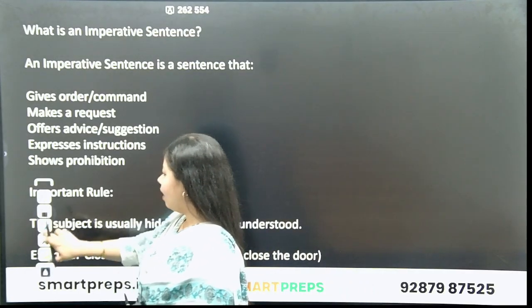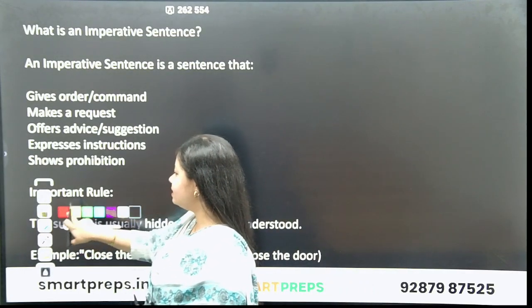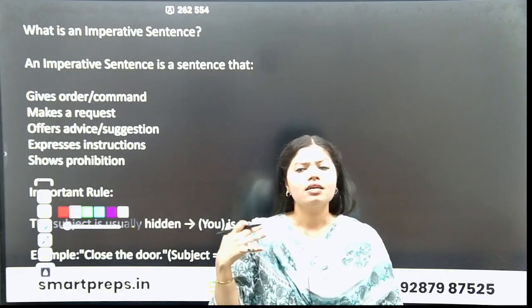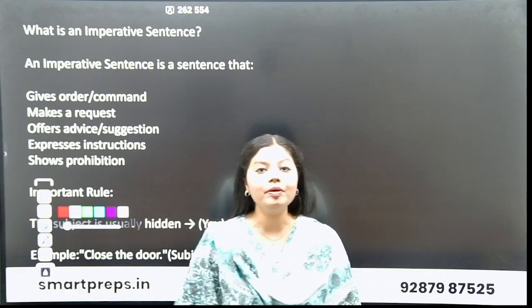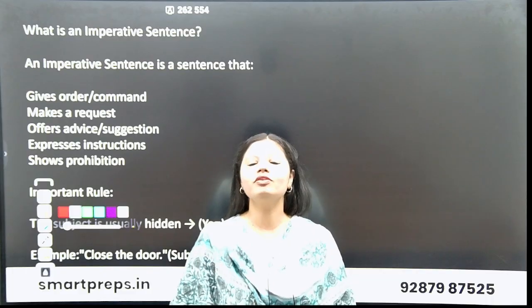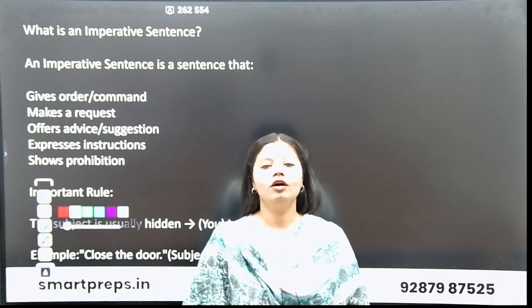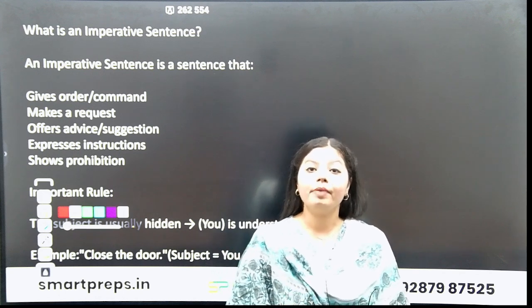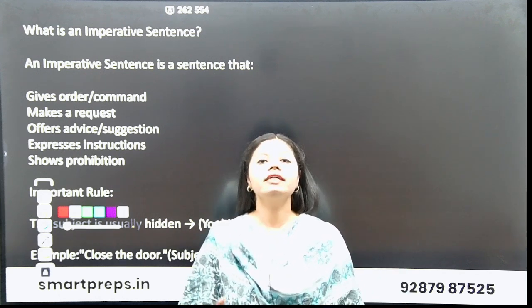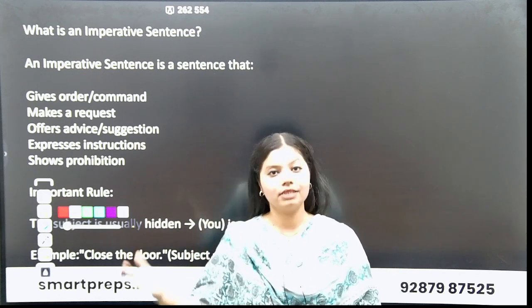Before we understand what an imperative sentence is, let me tell you that sentences are divided on the basis of purpose, on the basis of structure, and on the basis of length. On the basis of structure, we had complex sentences, compound sentences, and complex compound sentences.